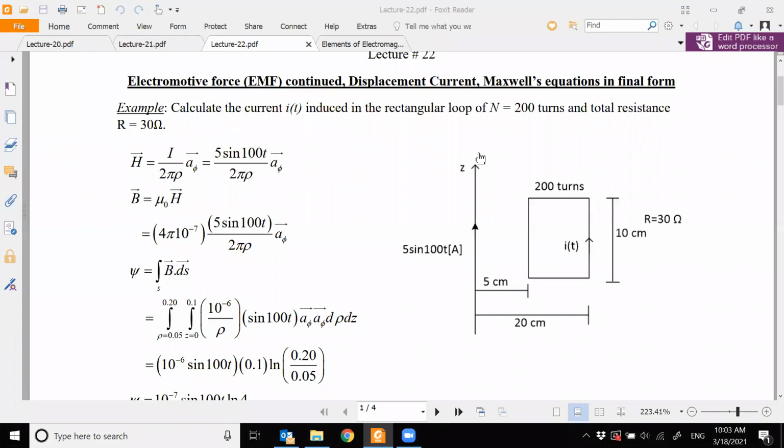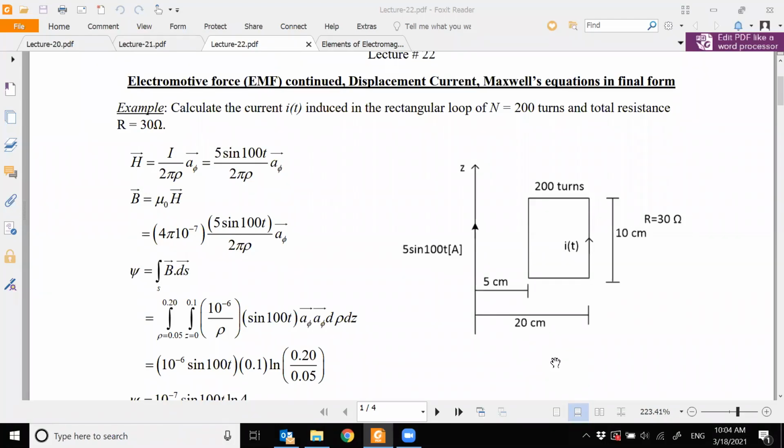So you have an infinite line here, and this infinite line is carrying a current 5 sin 100t. So the current is an alternating current, and these are the loop dimensions. So how are you going to proceed?